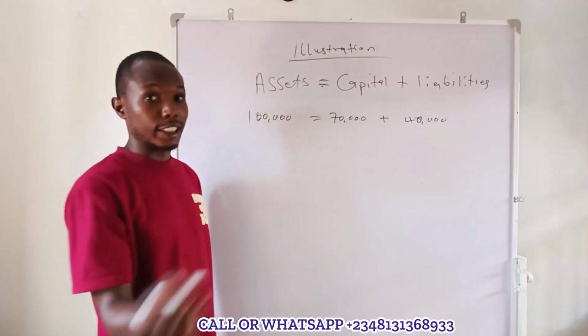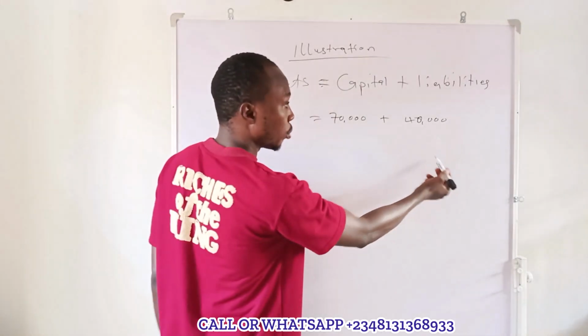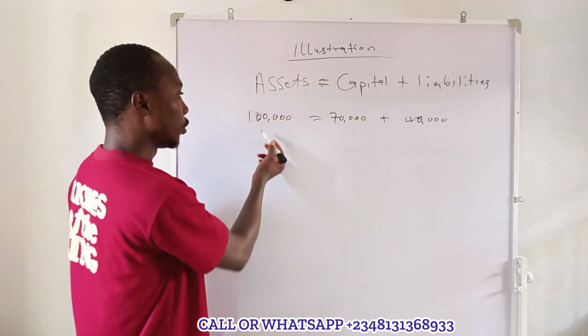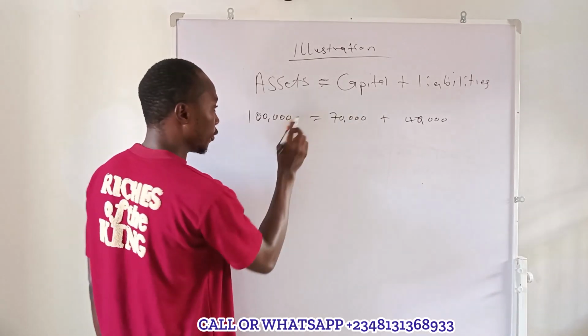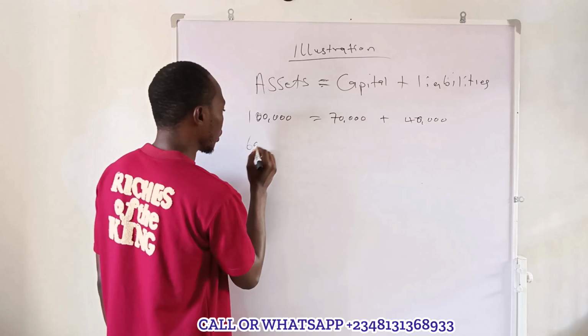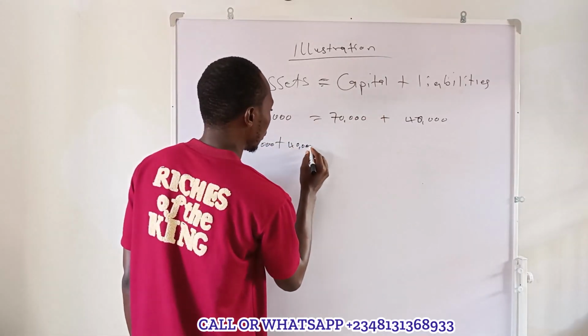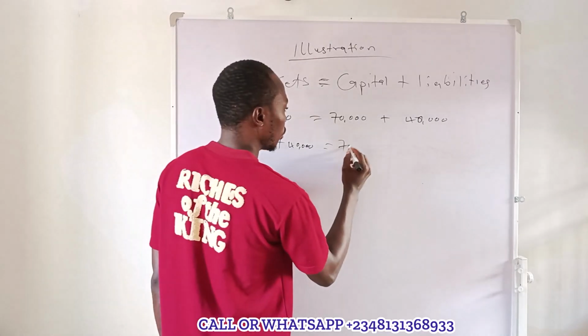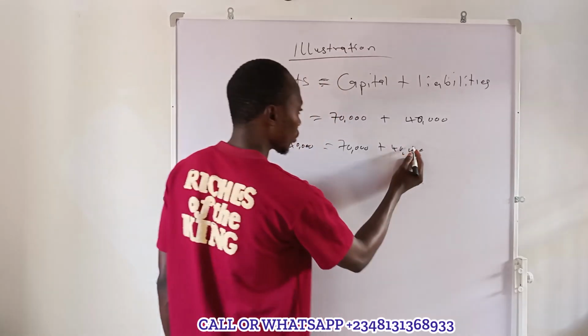So if inventory is 30,000 and inventory is an asset, it means 30,000 plus 70,000 will give you 100,000. So the first scenario is 60,000 plus 40,000 equal to 70,000 plus 40,000.